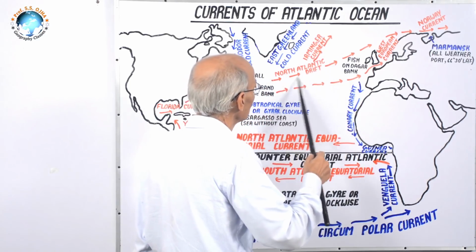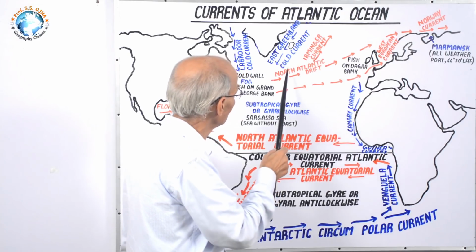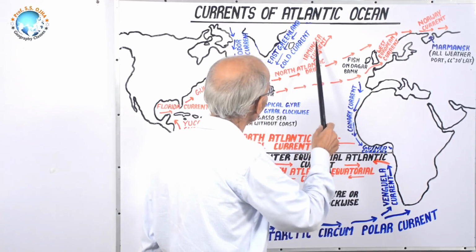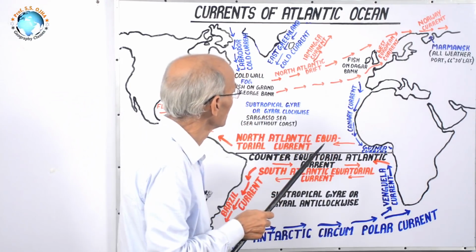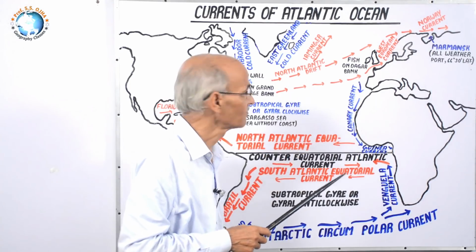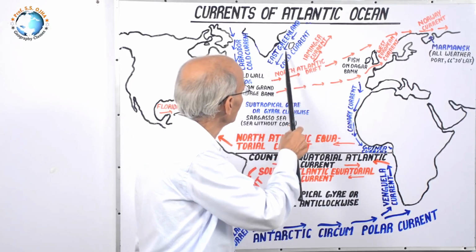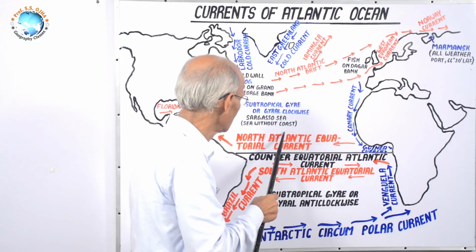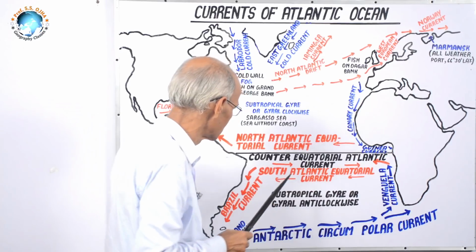Thus, a cell or cycle of current is being developed here, which develops a gyre of North Atlantic subpolar gyre. It is called the North Atlantic subpolar gyre, which is moving in an anti-clockwise direction, while the subtropical gyre direction in the Northern Hemisphere is clockwise.